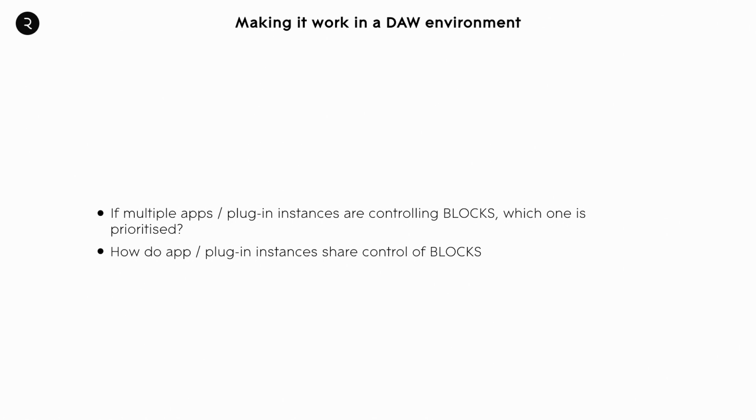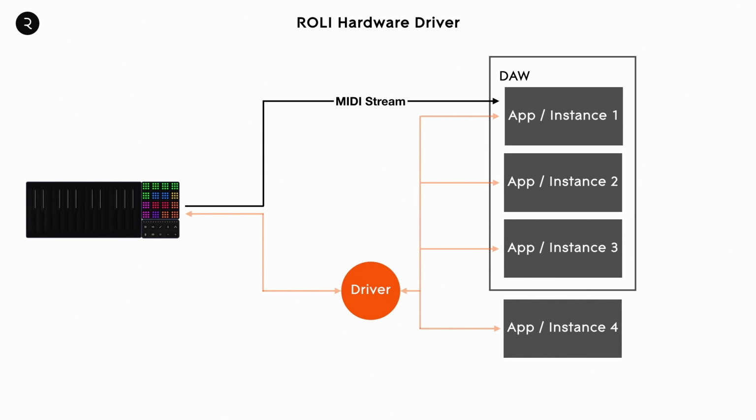which we call the ROLI hardware driver, which, maybe the name's a bit wrong, is more like a daemon. The way this works is that it allows different apps and different instances to share control of the Blocks. For instance, I might have this set up here with a Seaboard Block, a Lightpad, a Control Block. And yes, my MIDI stream out will just go straight to my DAW.